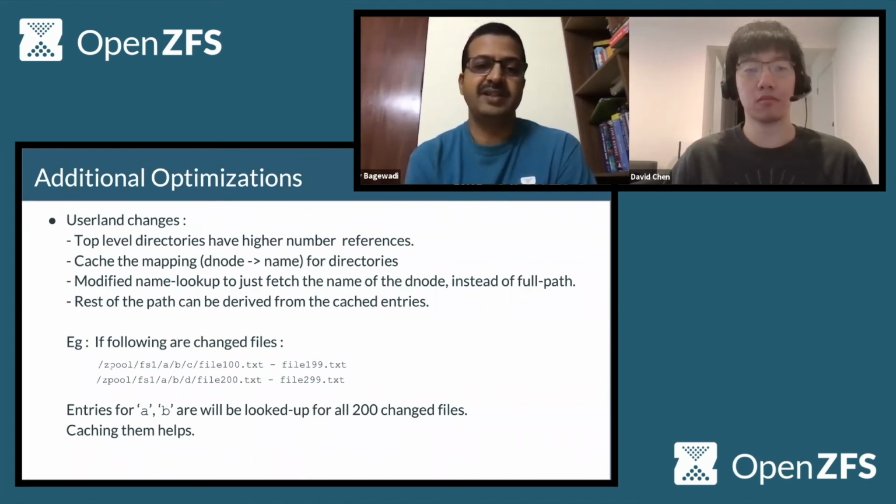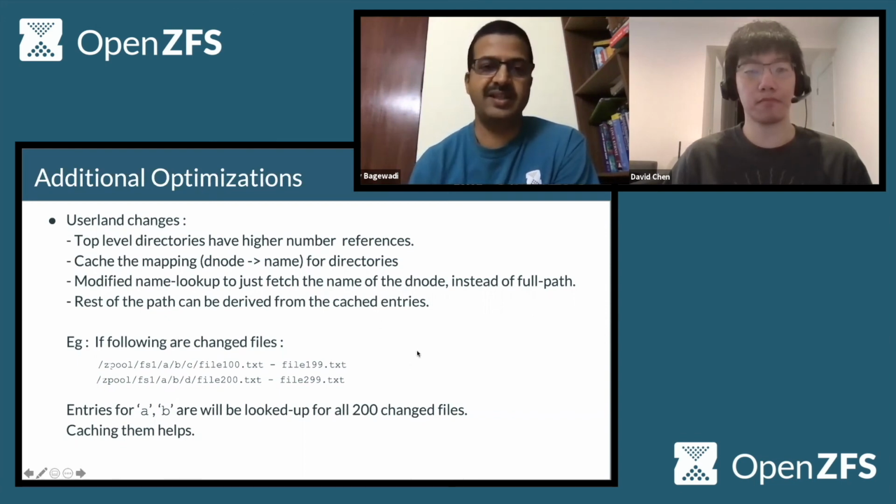And once you fetch it, and if you know it's a directory, you just stash it into a cache. Files you don't need to, because files would just be looked up once, you don't need them. But directories, you just stash them into a cache, and the next time around, if you want to walk up the path, you could just refer to it from the cache and use it. So that's the additional change.